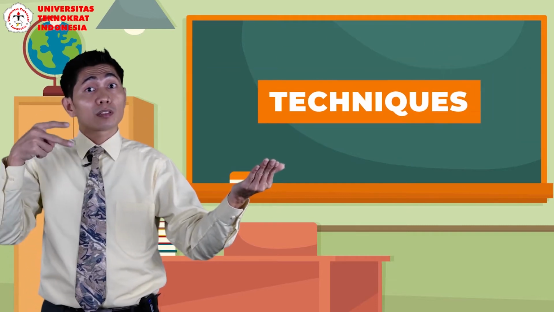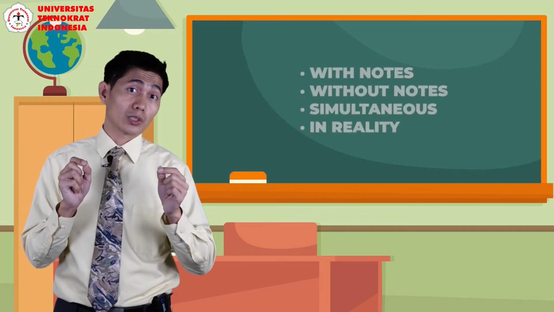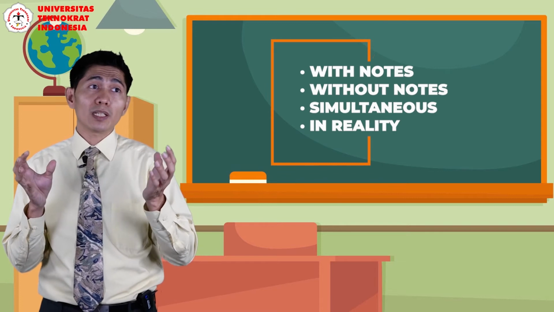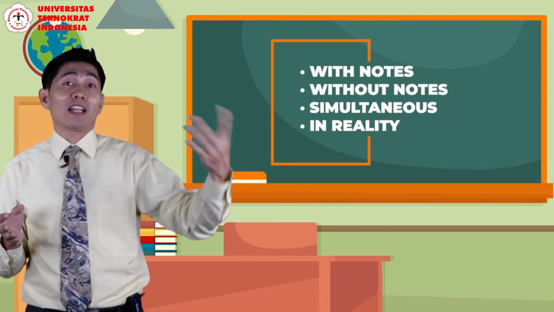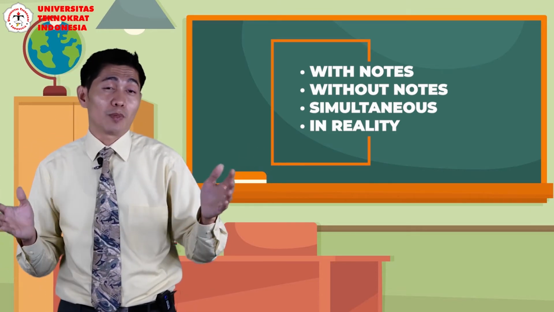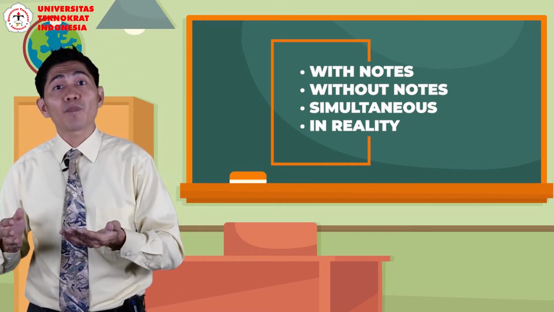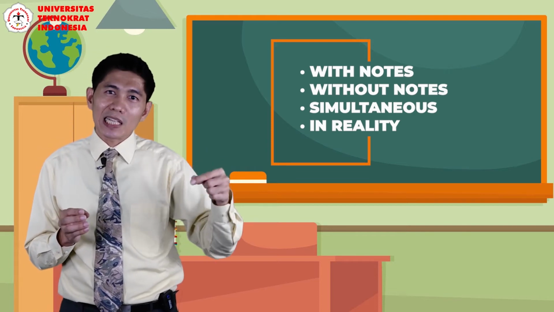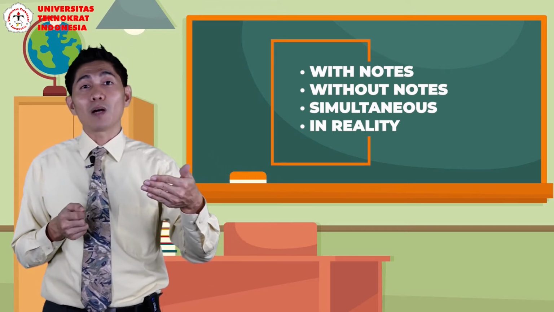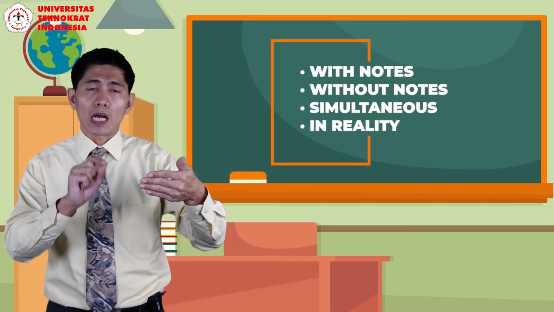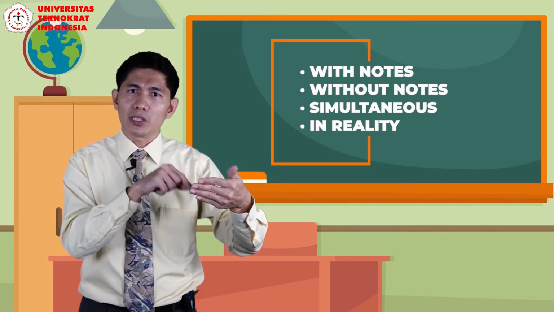The two techniques usually used by interpreters: the first one is with notes. With notes, the speaker can go on for 5 minutes, 10 minutes, or even half an hour. While he's speaking, the interpreter only takes notes, but not to write down every word the speaker says; it's more like taking notes of the keywords, so he will be able to remember the ideas.